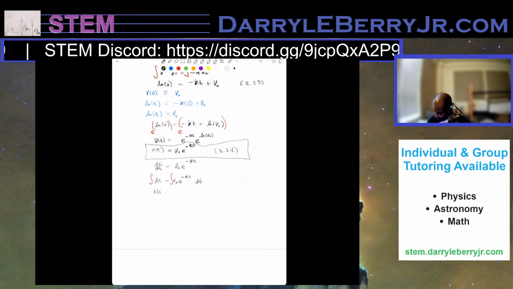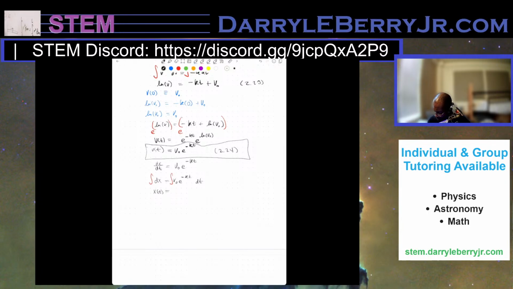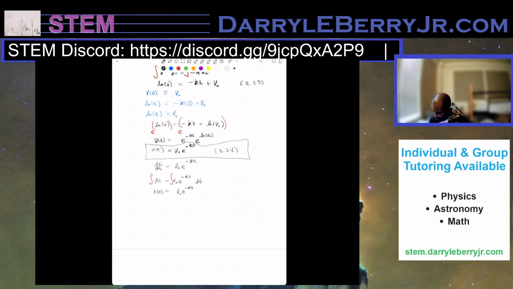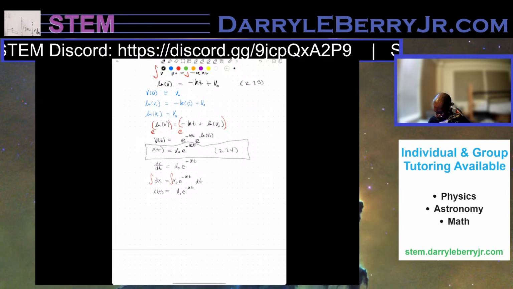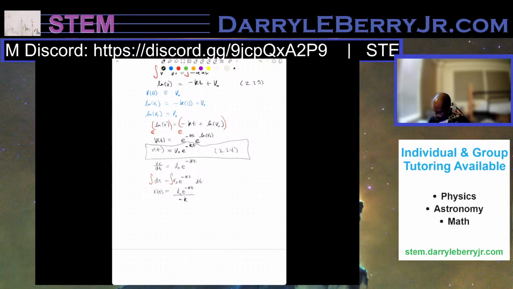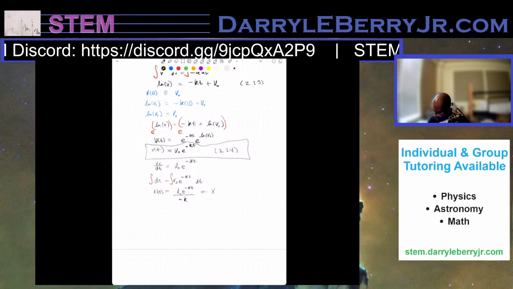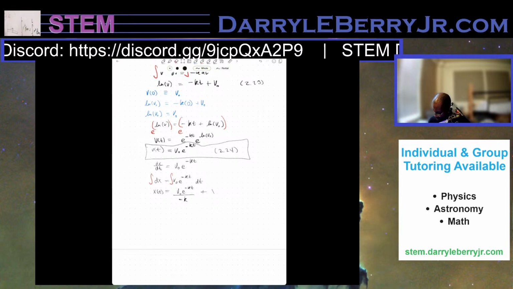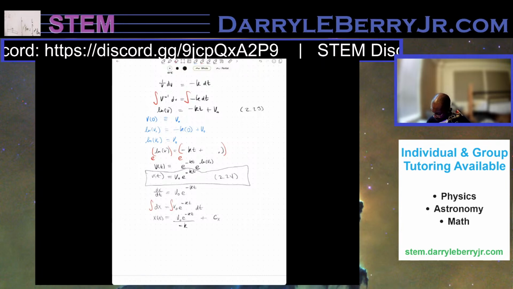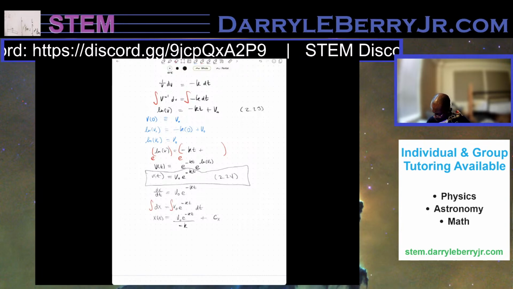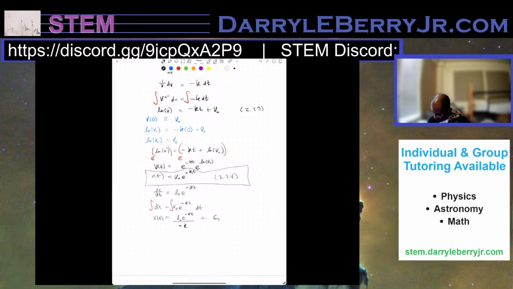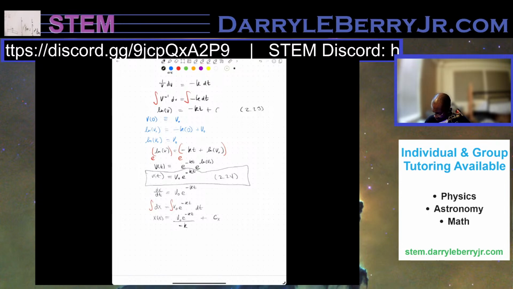So x of t equals v naught e to the negative kt, I'm going to divide by the derivative of negative kt, so that's negative k, plus a constant. I'll just call this cx, and I'll call the other constant cv.